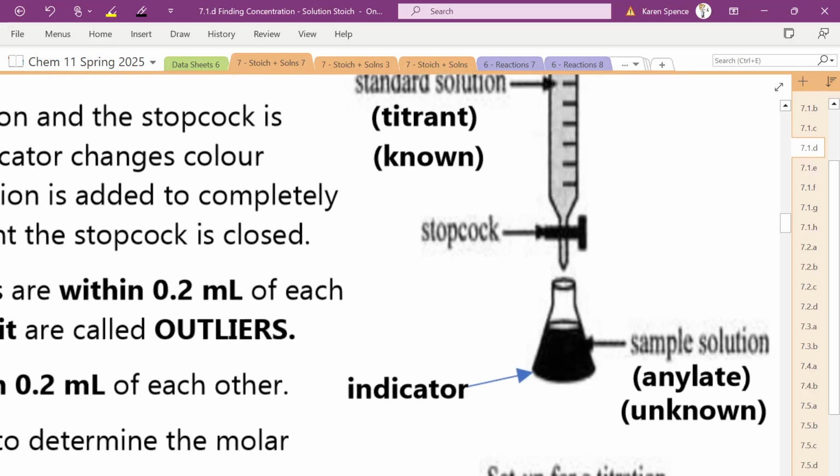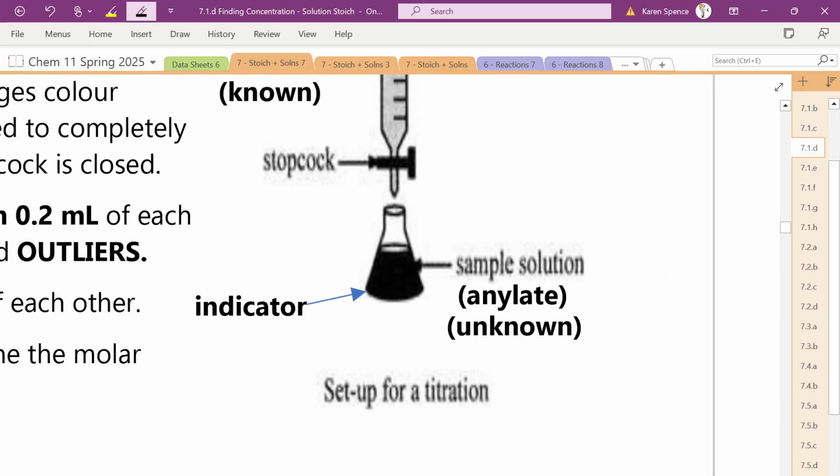In the flask, what type of flask is that called? You're so close. That is an Erlenmeyer flask. That's a word you need to know.